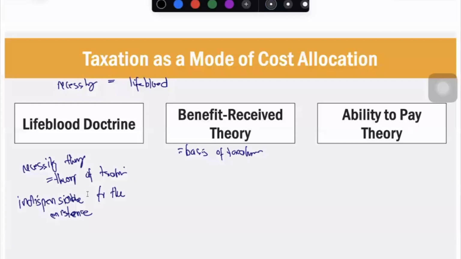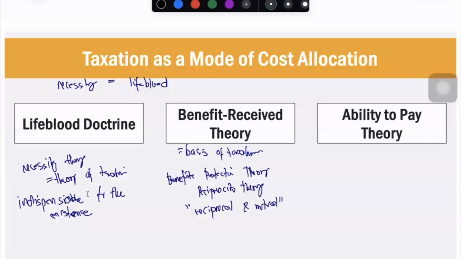So if you still remember, it is also likened to your reciprocity theory or the benefits protection theory. Your main keywords here are the reciprocal duties, reciprocal, and mutual. Generally, these are the keywords for benefit received theory.